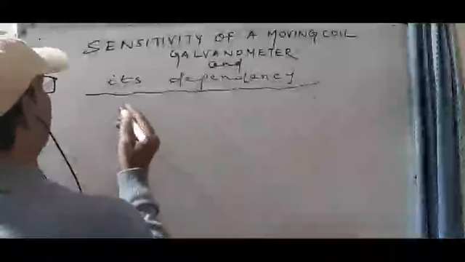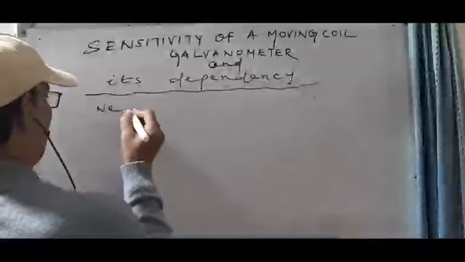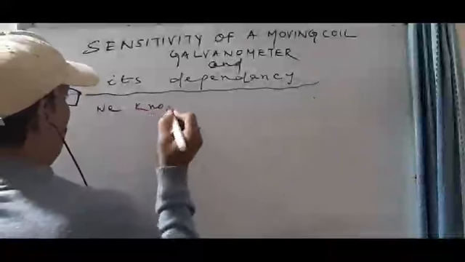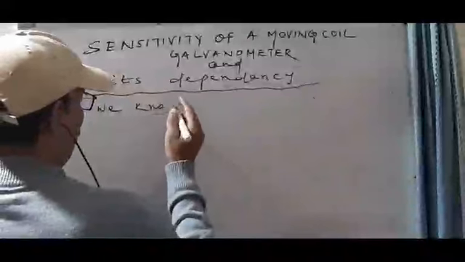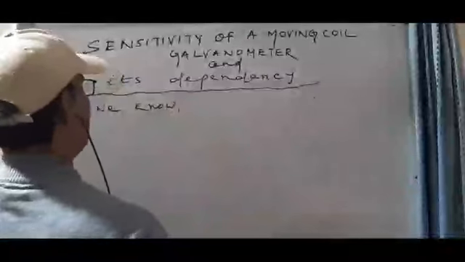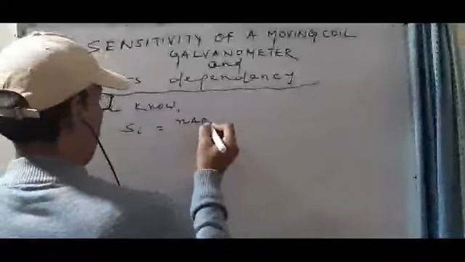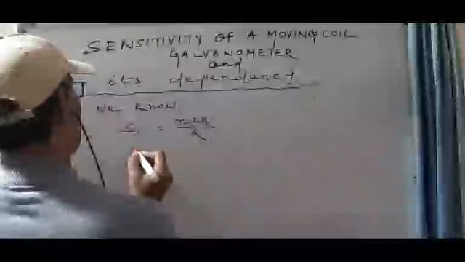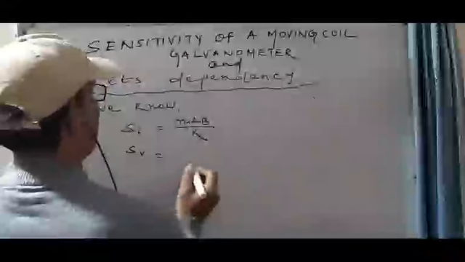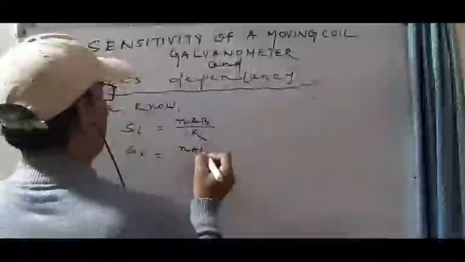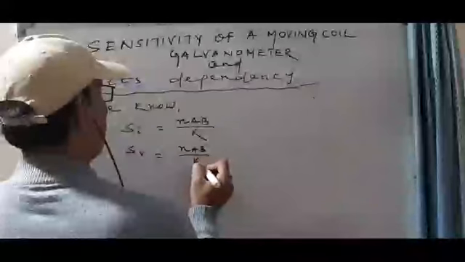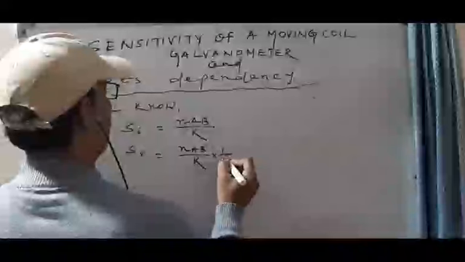As we know from the derivation, SI is equal to NAB upon K, or SV is equal to NAB upon K multiplied by 1 upon R.